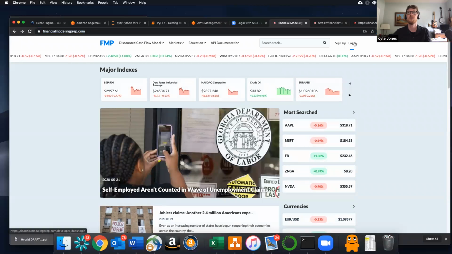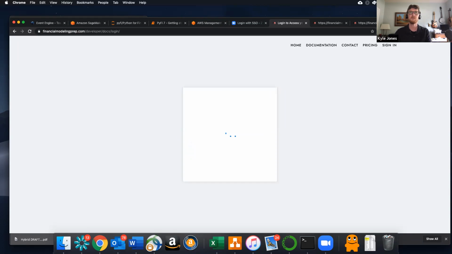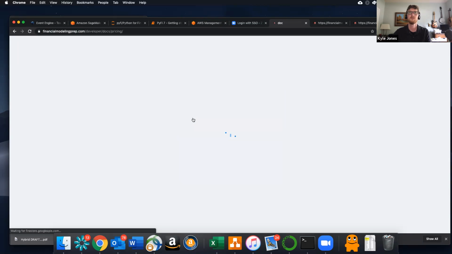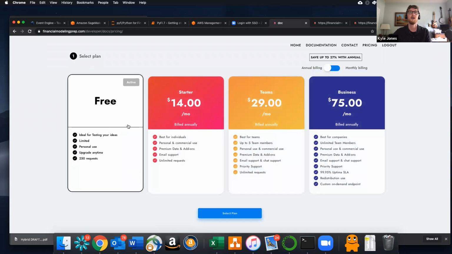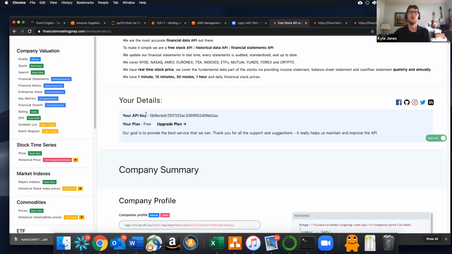And once you have your username and password, on the free tier here, free plan, you can go to documentation and your key will show up here. Right?